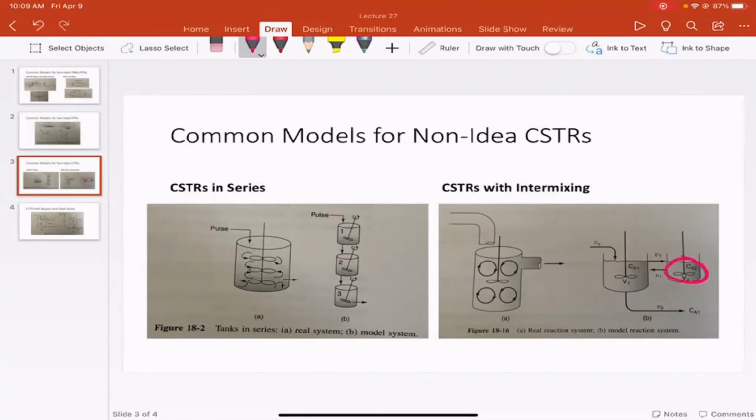Goes into a second zone or reactor, where then some reaction happens. It ends up eventually back into the primary reactor and then out. And in this particular case, you end up doing mass balances on the reactors and then again at the mixing point before it comes out. And they're just slightly more complicated mass balances than we've done before.